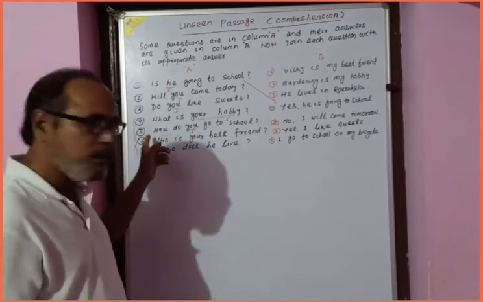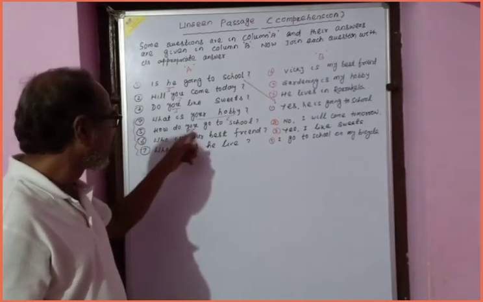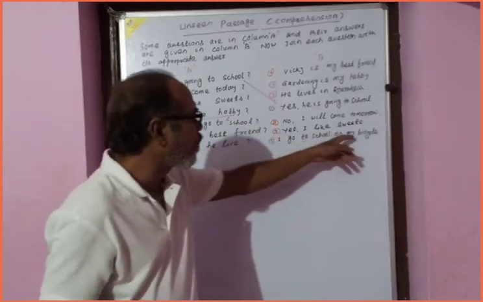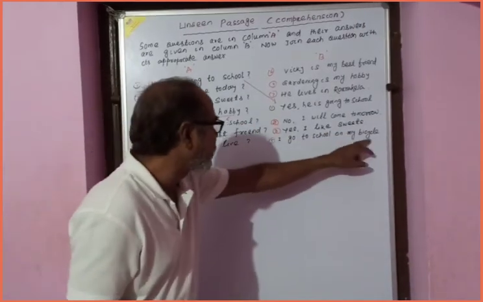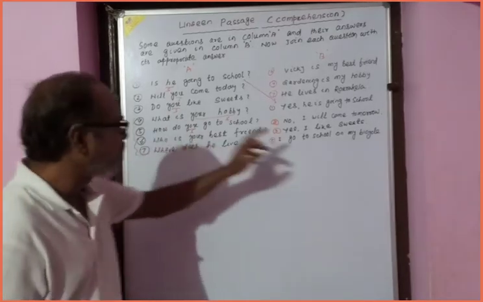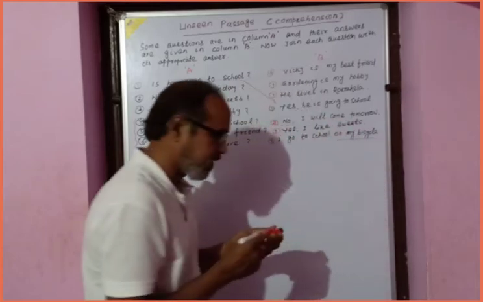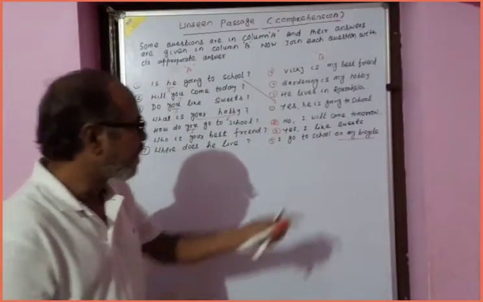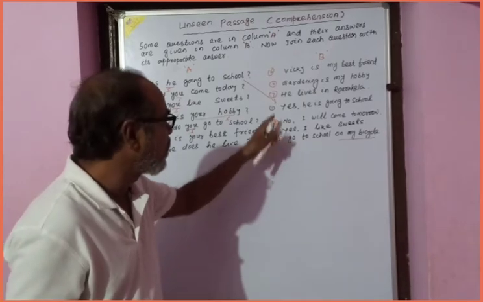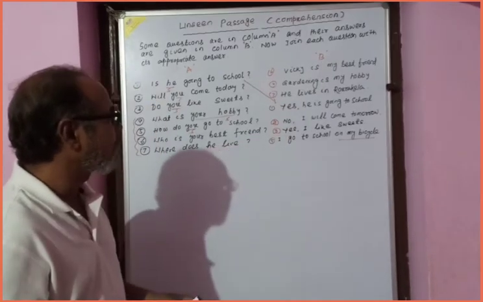Here first the WH word, then the auxiliary verb, then the subject. You see, I go to school on my bicycle. Here on my bicycle gives the answer of how. It gives you information. There is no yes/no type answer. Only in the other case there is a yes/no type answer.